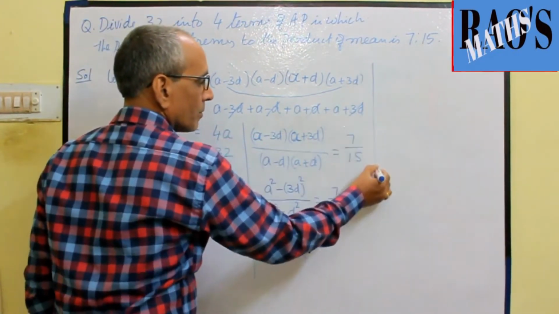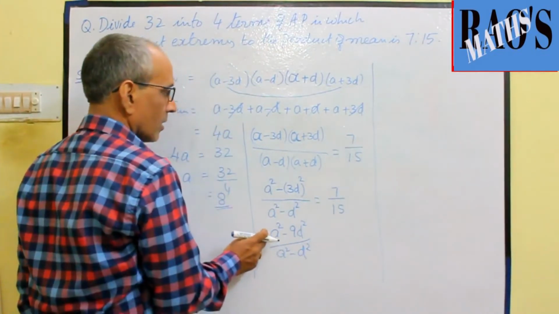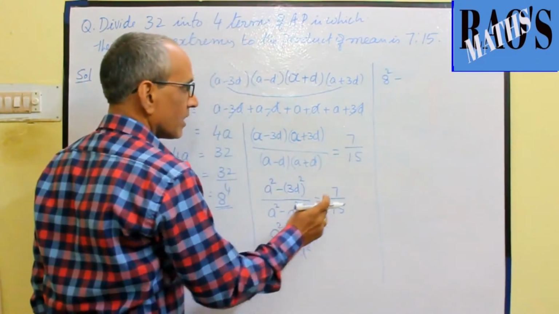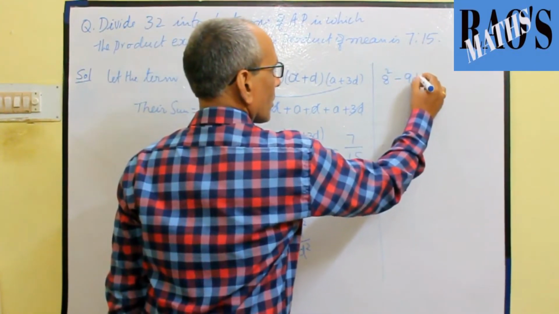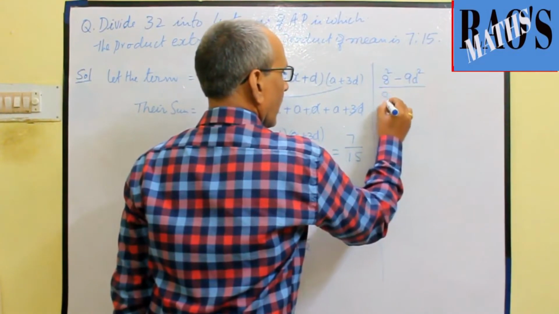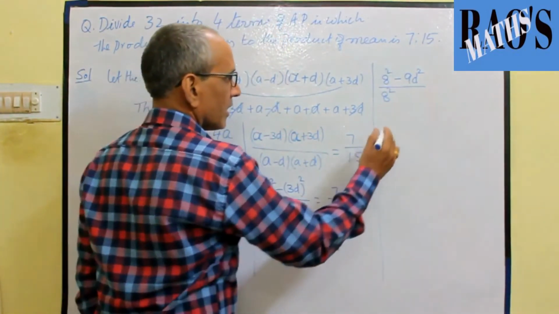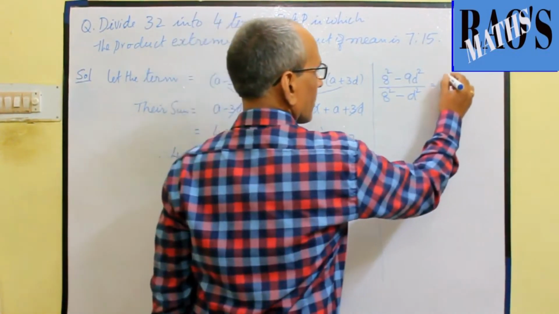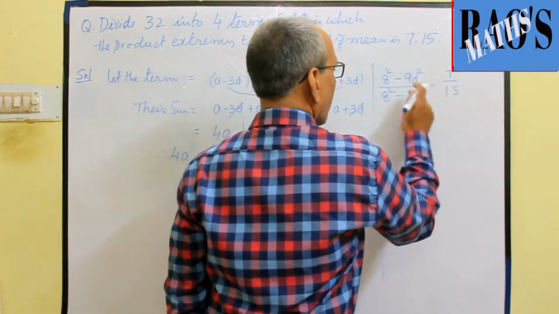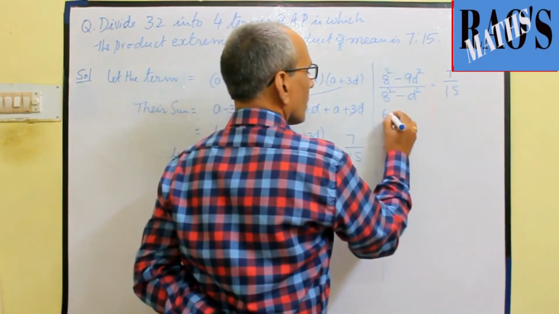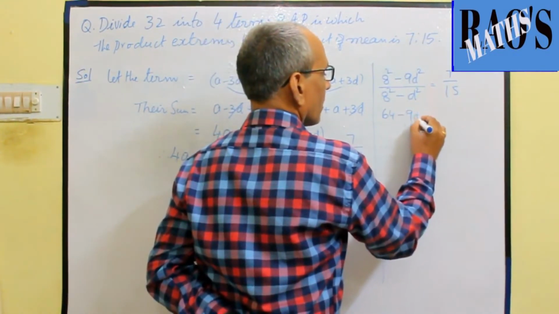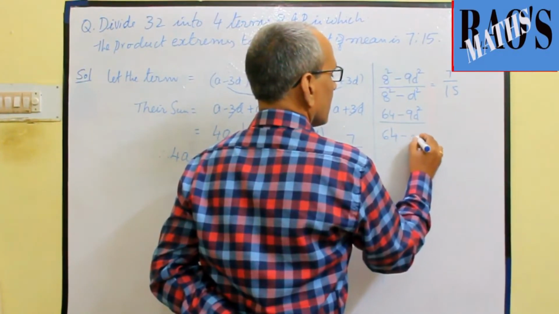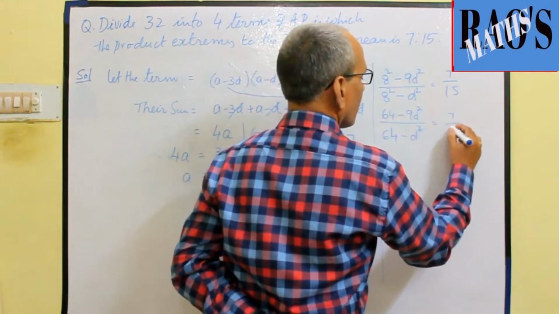So 8 square minus 9D square by 8 square minus D square is equal to 7 by 15. 8 square is 64. 64 minus 9D square by 64 minus D square is equal to 7 by 15.